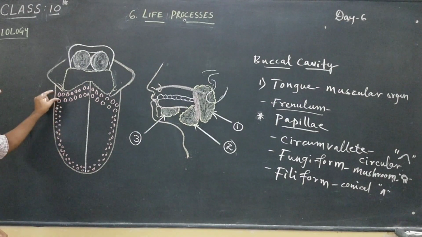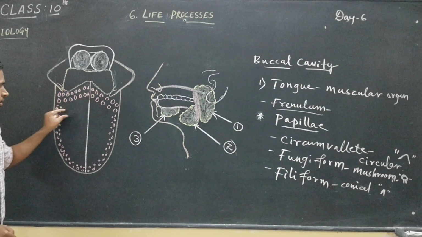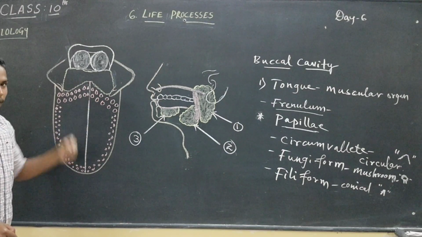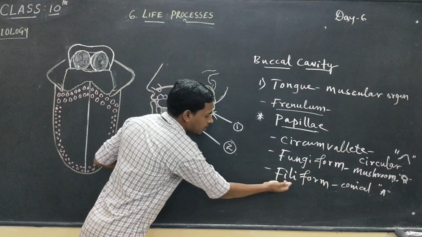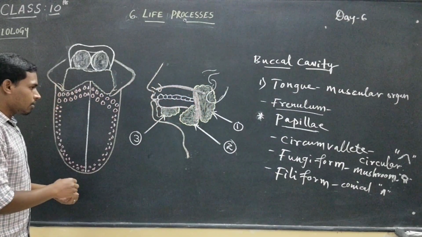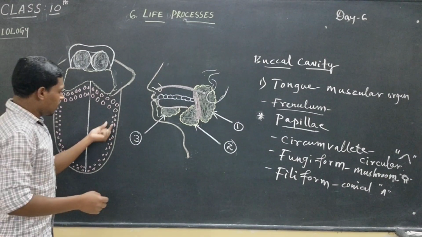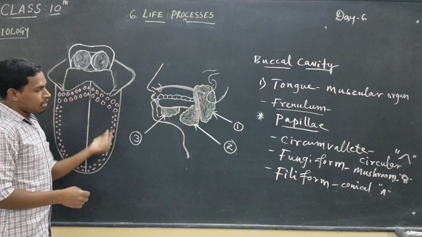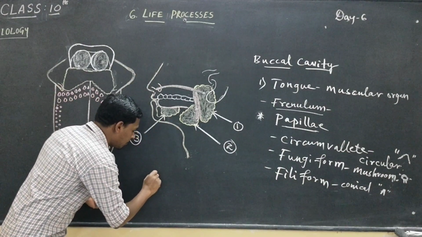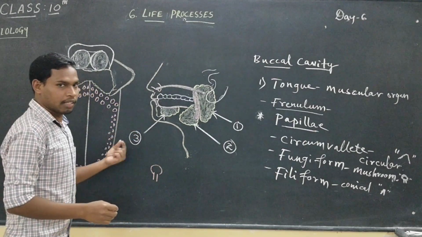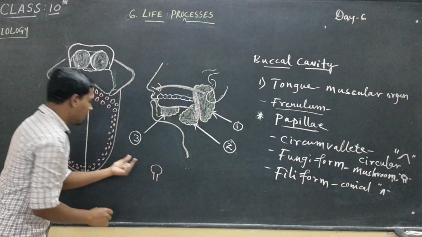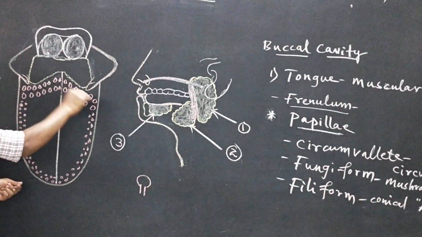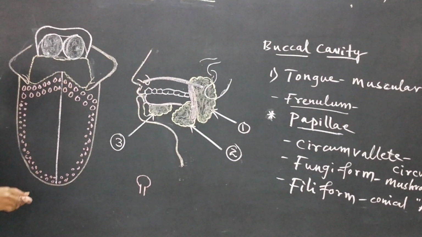The circumvallate are less in number, and the fungiform are more in number than circumvallate. They are also circular in shape, but due to the presence of a thallus, they would appear like fungi, and they are present at the periphery of the tongue.